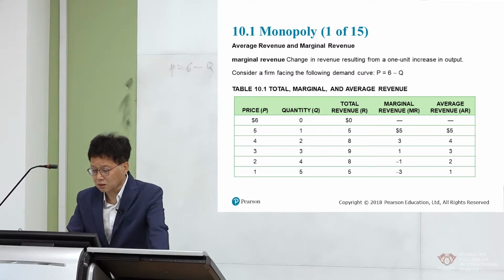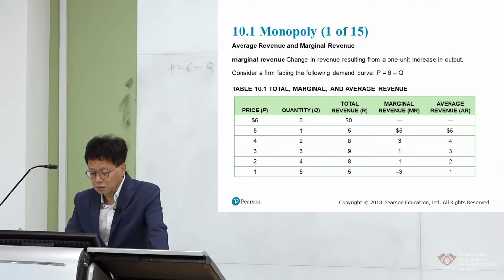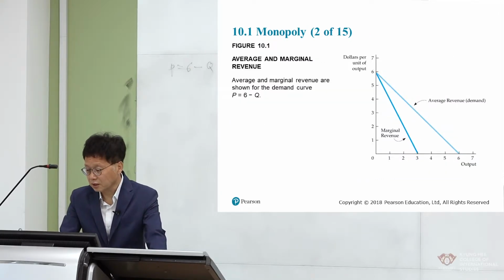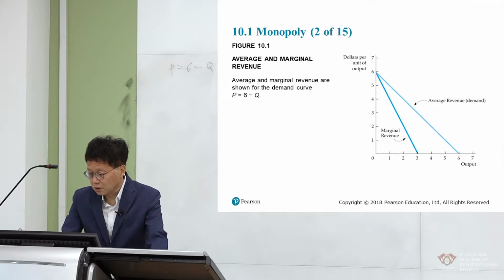Then we can calculate total revenue, price multiplied by Q. Price decreases as Q increases. Similarly, we can calculate marginal revenue, the gap between the two. Average revenue is total revenue divided by Q, that is the definition. Graphically, average revenue is like this, and marginal revenue is like this.